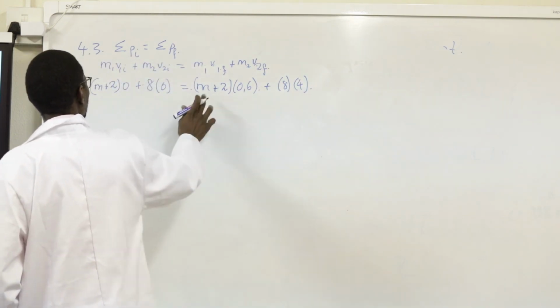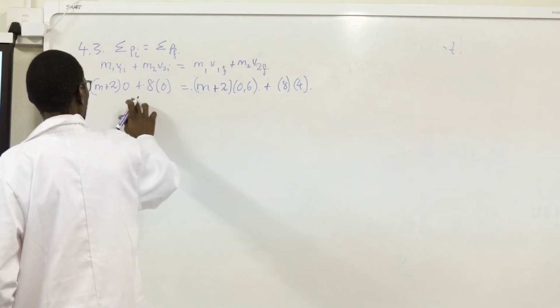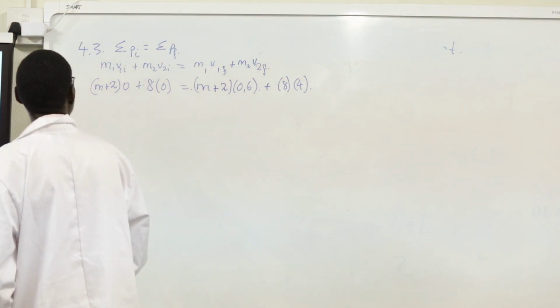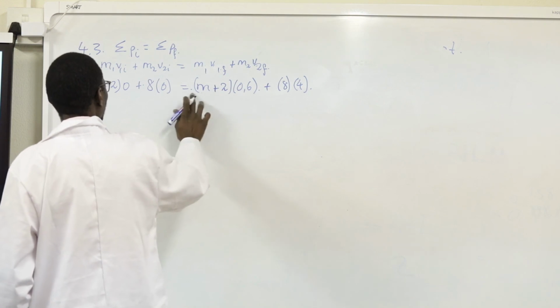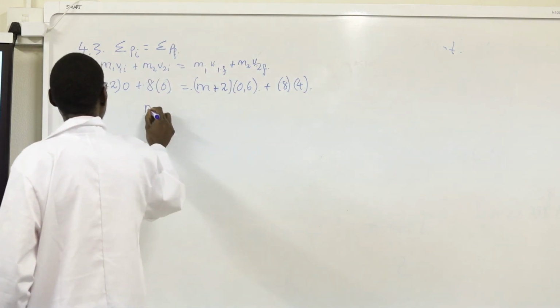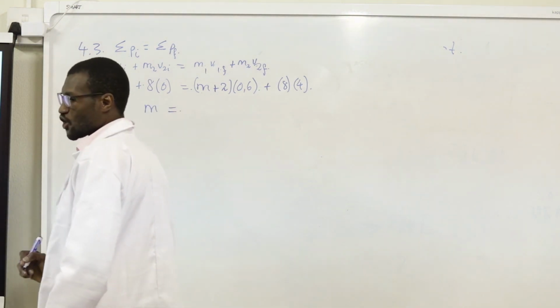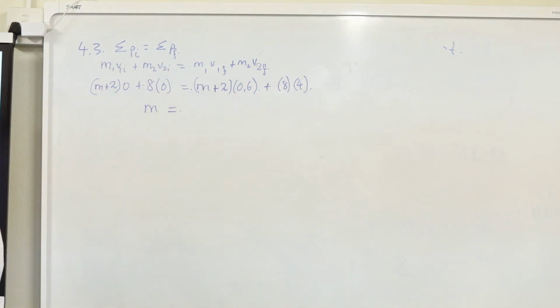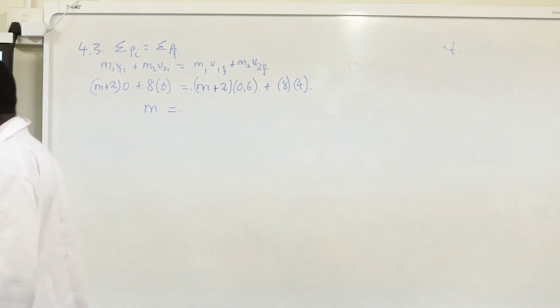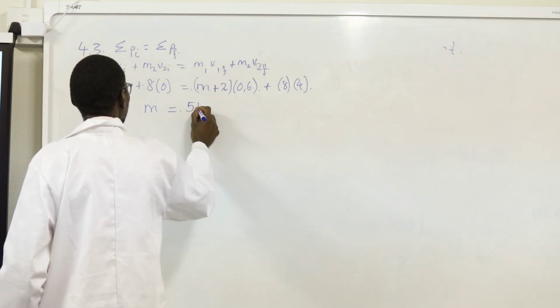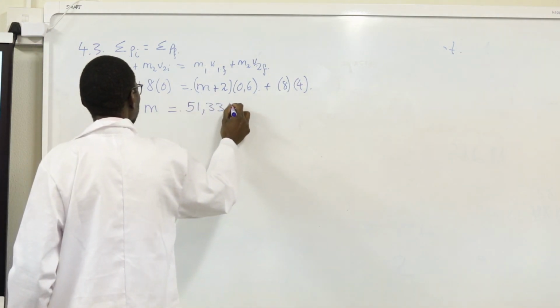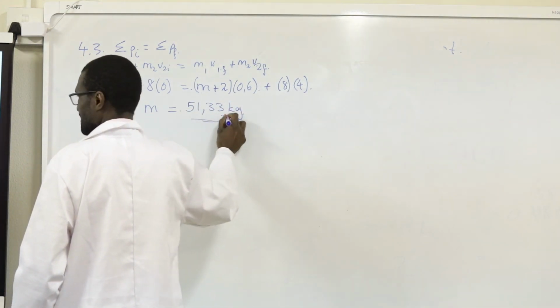All right, so what we are looking for is the value of m. It becomes a very simple equation to solve here, where you would find that the mass of the girl is 51.33 kilograms. All right.